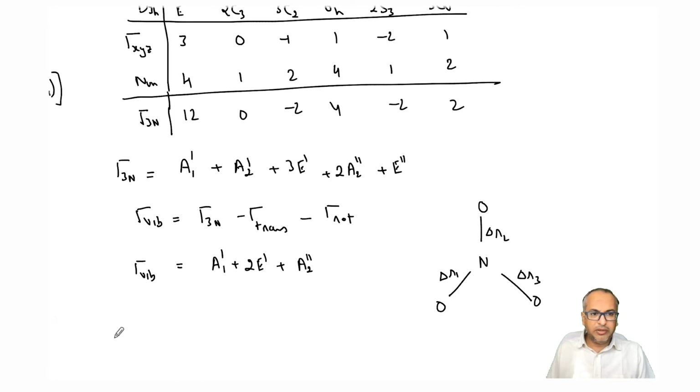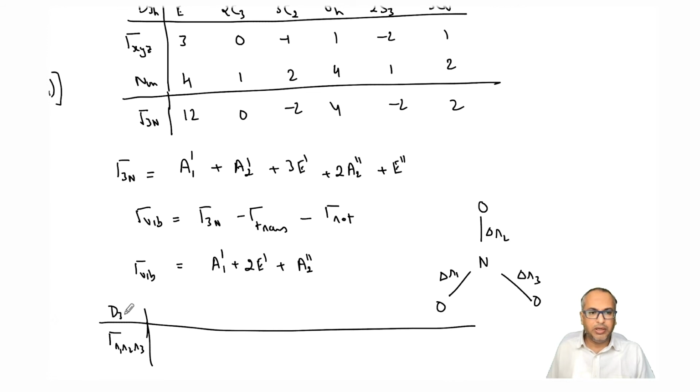If I create tau R1, R2, R3 under D3h, I will see that I get a representation like 3, 0, 1, 3, 0, 1, right?